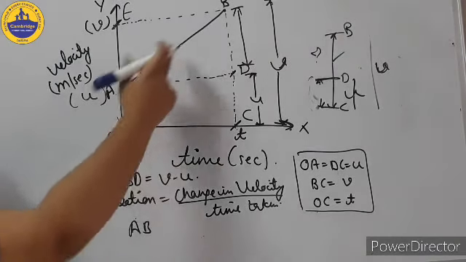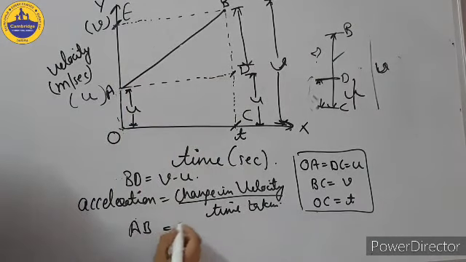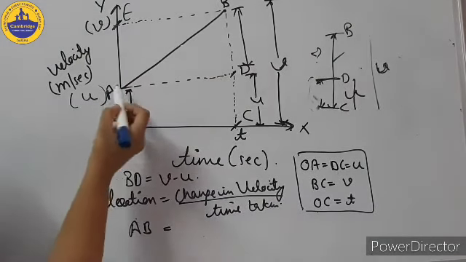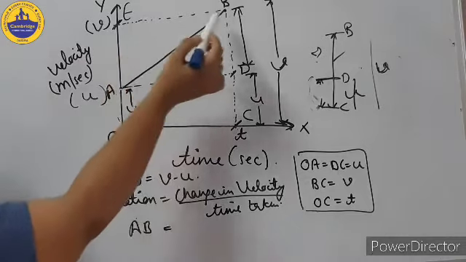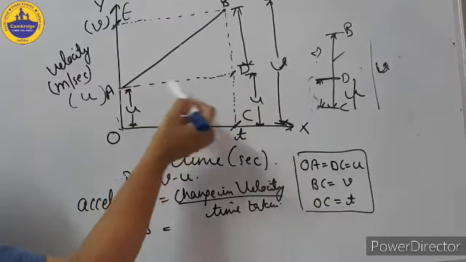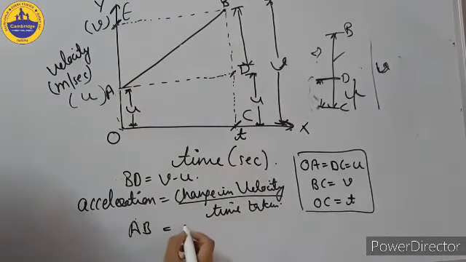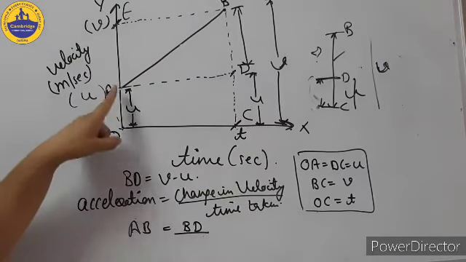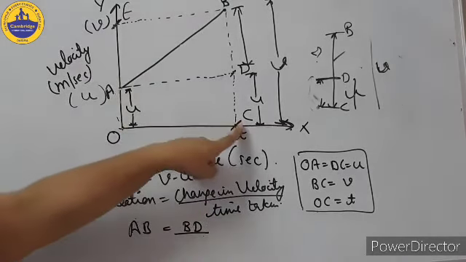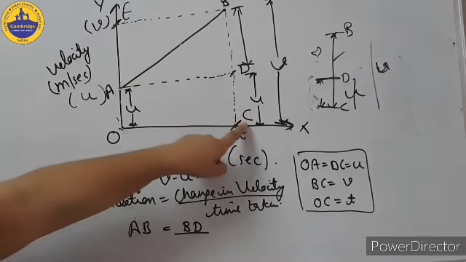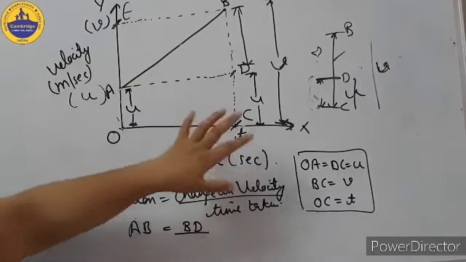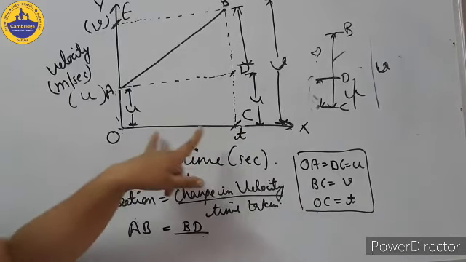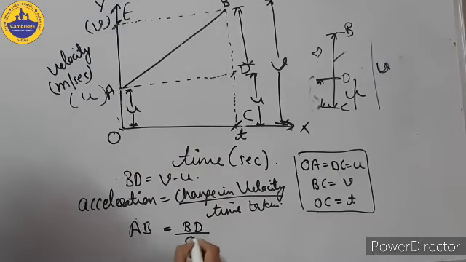So acceleration, by AB, is equal to change in velocity. Velocity changes from U till V, meaning from D till B, so it will be BD. And time taken: at A the time is 0, at B the time is T. It's labeled C. So the time we can have by this line OC.